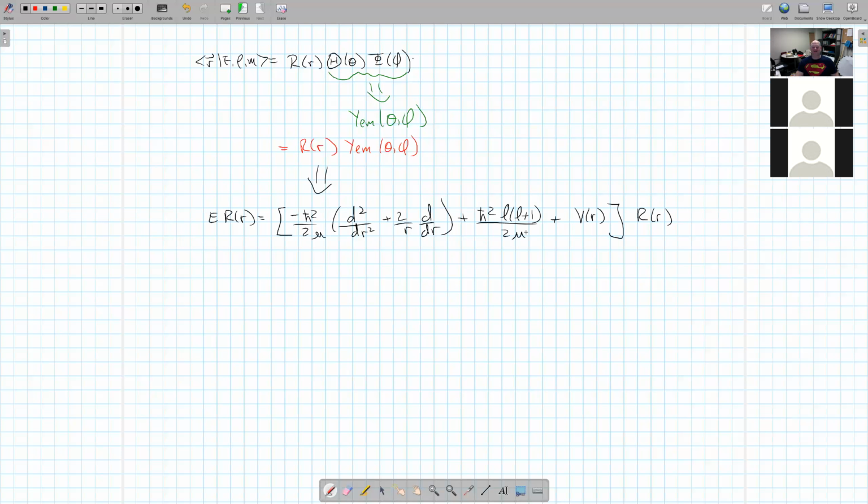So basically, what we've shown is that the quantum two-body problem reduces to a one-dimensional single-body problem. Our quantum mechanical two-body problem in 3 dimensions reduces down to a one-body 1D problem.